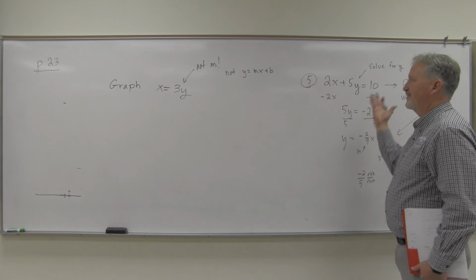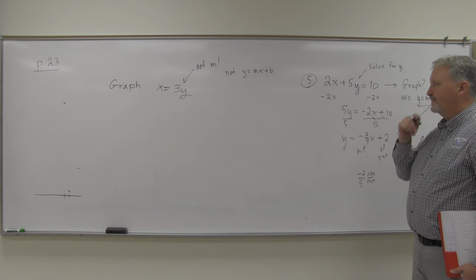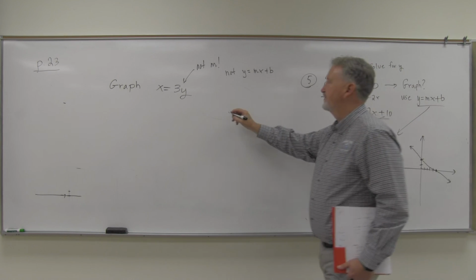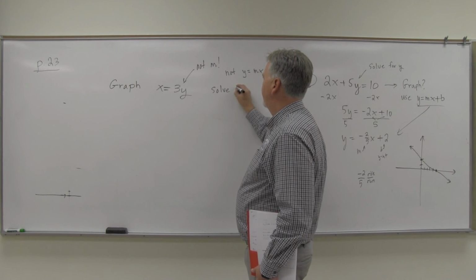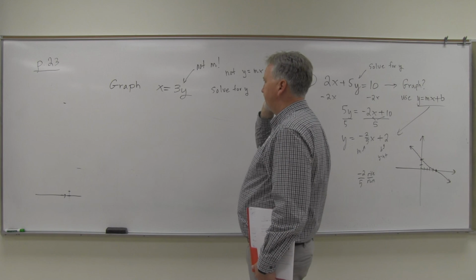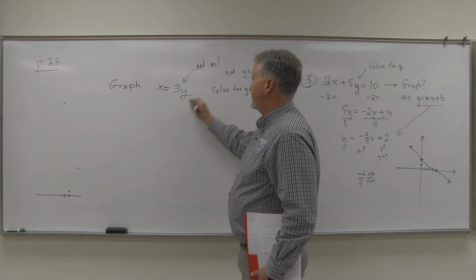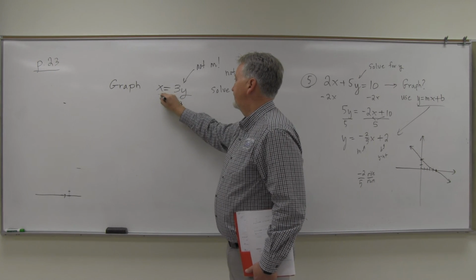So same idea we were just doing here. I need to solve that for y if we want to use the y equals mx plus b stuff. So that just means we divide by 3, wouldn't it?